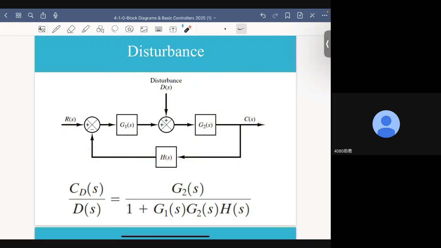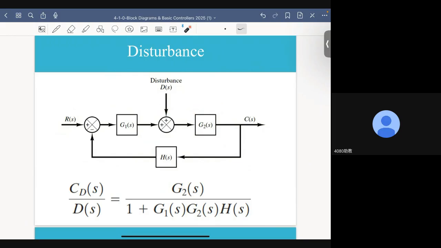There is another input, which is disturbance. Okay, it will go into the plant in the same way as the controller output. All right. Now, well, actually, it depends. Okay, sometimes disturbance goes directly into the process we want to control, or the object we want to control.